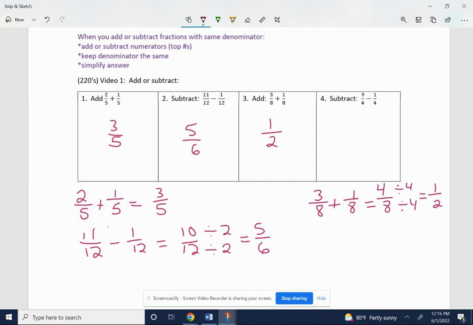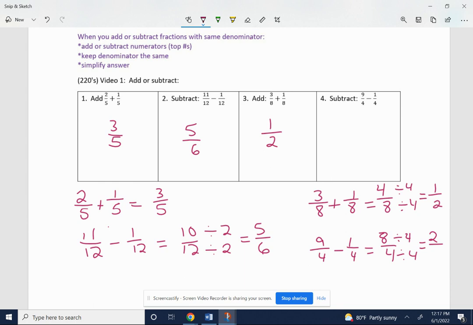Okay, the last problem, 9/4 minus 1/4. All you need to do is keep the 4 the same, and then figure out 9 minus 1 for the top. 9 minus 1 is 8. Now you get 8/4. That can be reduced. 4 goes into both 8 and 4 evenly. So divide 8 by 4, you get 2.